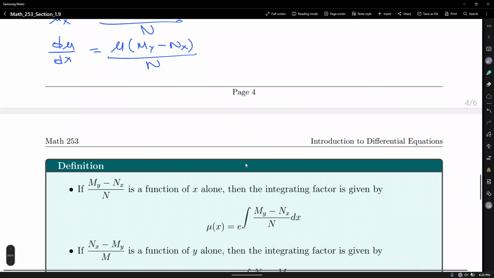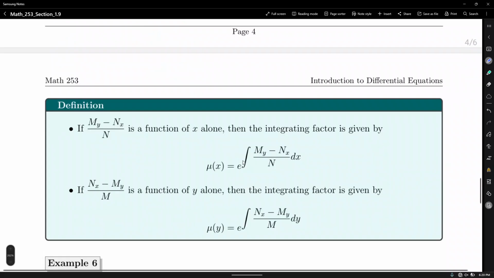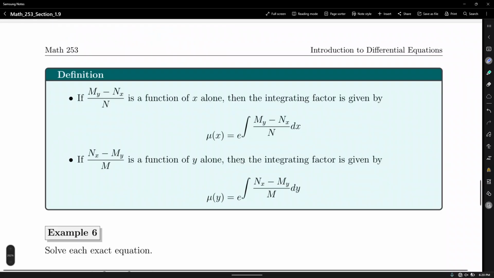On the next page, you have the summary. You have mu as a function of x, that's e to this monster integral. But when we try to get this integrating factor, it may not work to get an integrating factor that depends only on x.